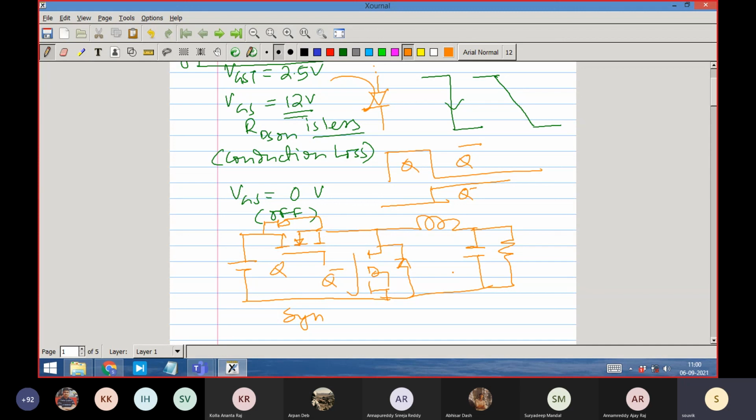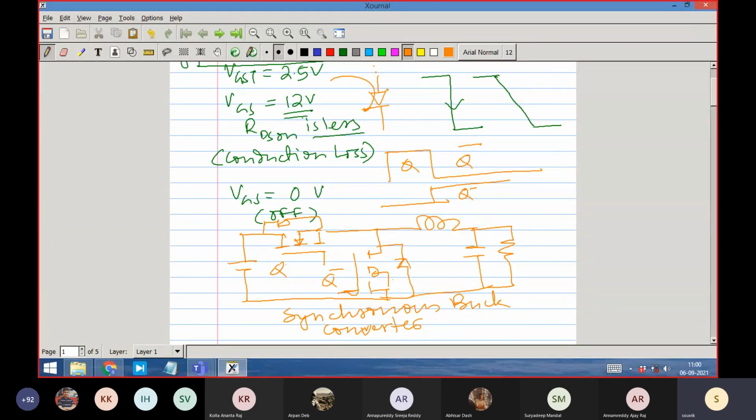So what is the difference in operation? There is a certain difference in operation. This is called a synchronous buck converter because it has two active switches, Q and Q bar. Both of them have to be operated using some pulses.